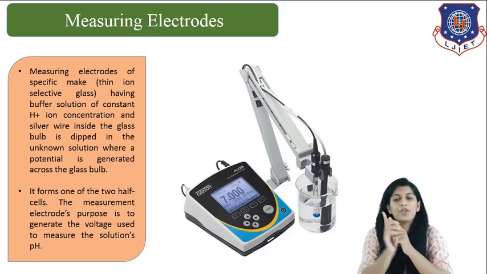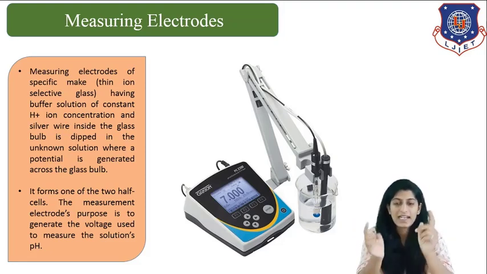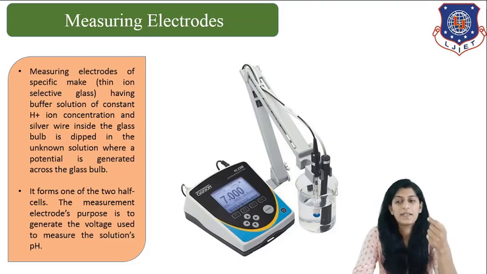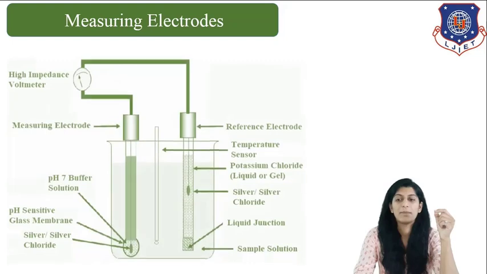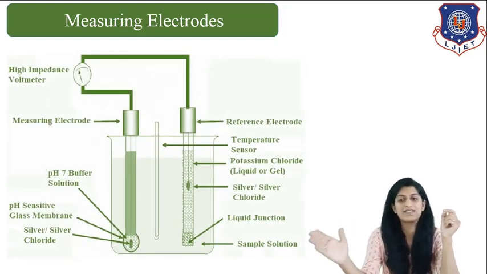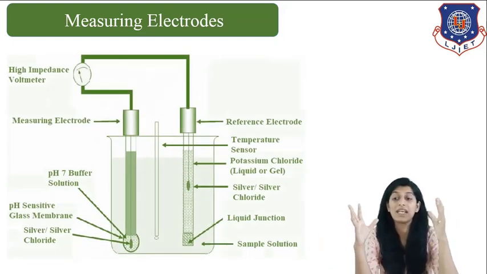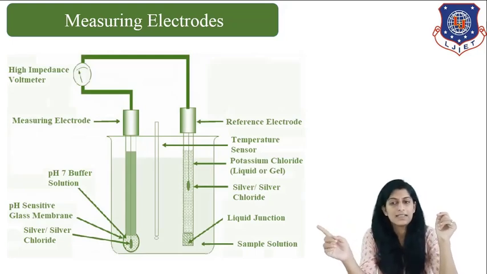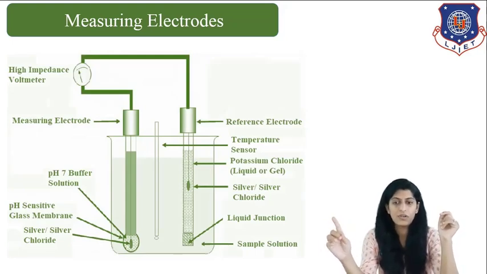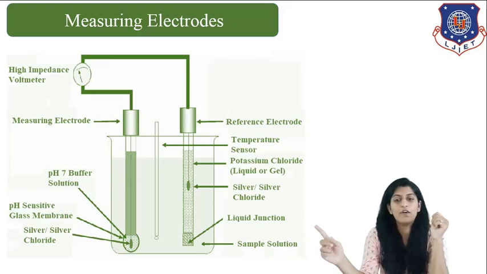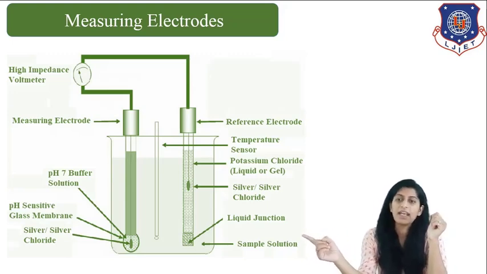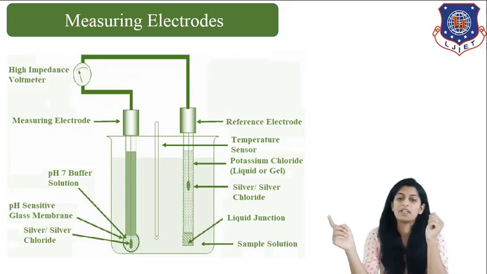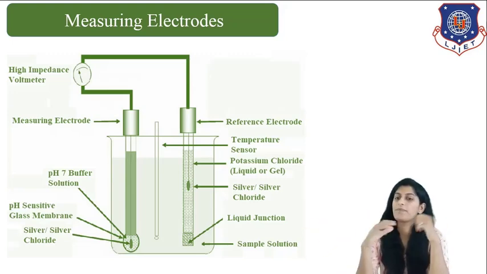So, once you put both in different solutions, it will generate a potential difference, and due to that potential difference, there will be generation of voltage. As you can see here, this will be easier to understand. There is a reference electrode on the right side of this diagram, and there is a measuring electrode on the left side of the diagram or figure, right.